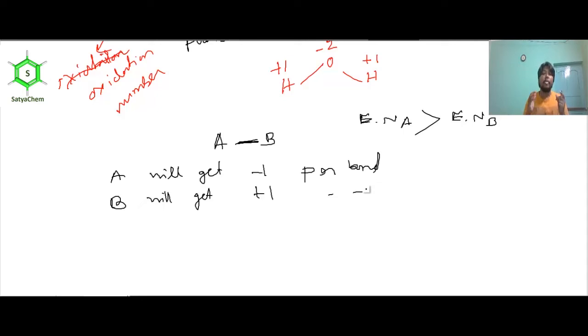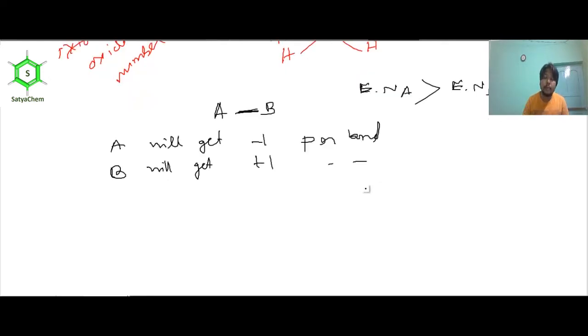But using this concept, if you want to calculate the oxidation number, we must know the structure of the molecule. Clear? We must know the structure of the molecule. I am saying this is the best method to calculate the oxidation number of various elements in a compound. Why? You will know after some time.